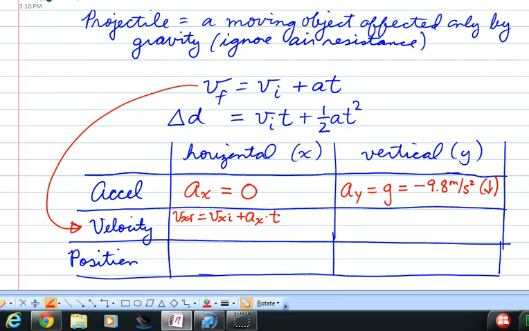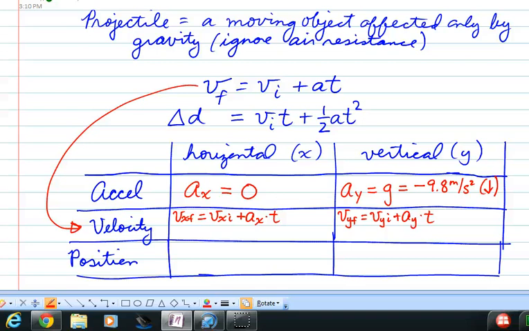Okay, so anything that could be split up into an x and y direction, I've put x onto it. Okay? And I'll do the same thing for vertical. So Vy final equals Vy initial plus ay times t. Alright, now what does this actually mean? Because this isn't the equation that we'll end up using.